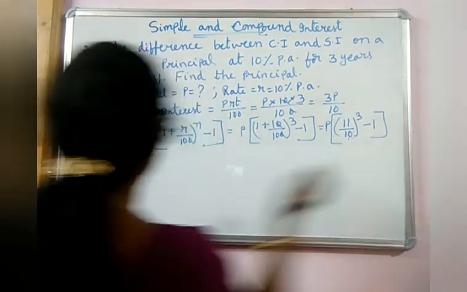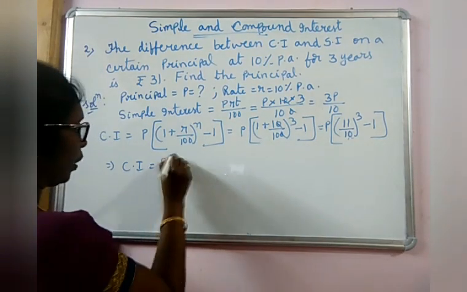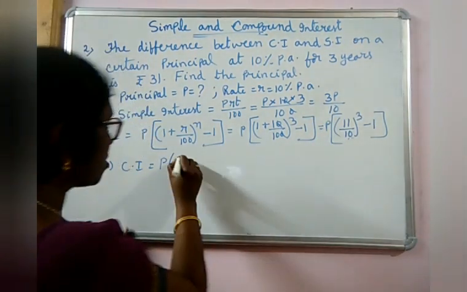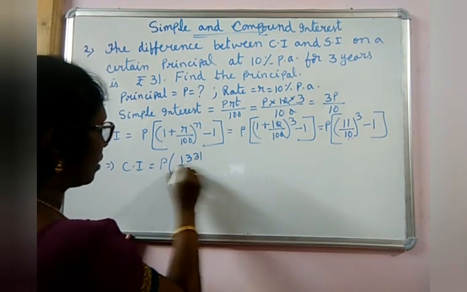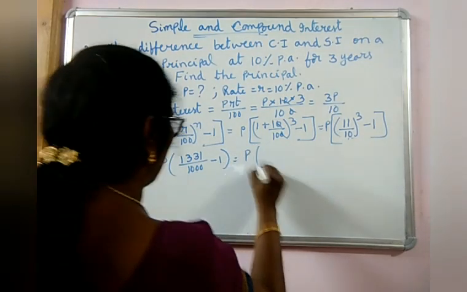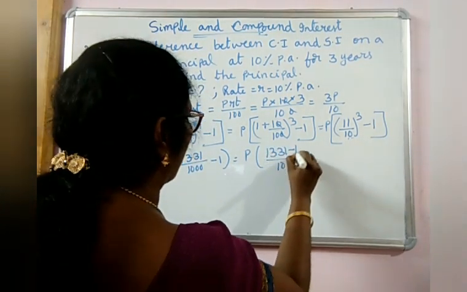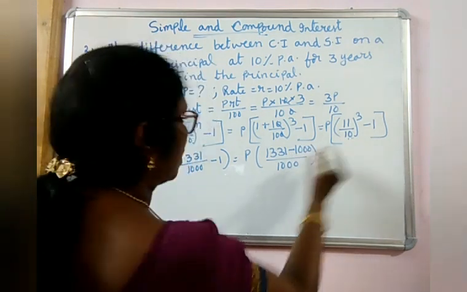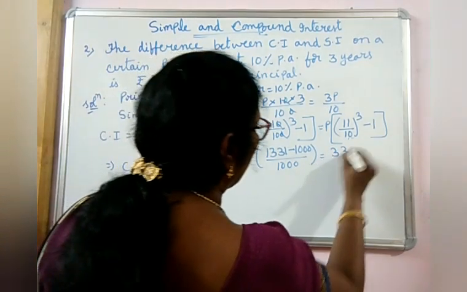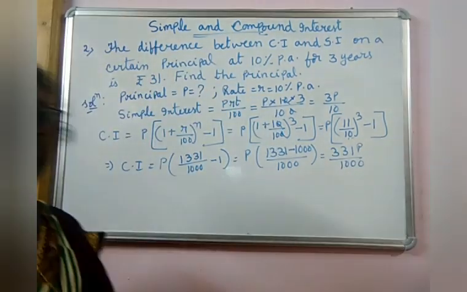CI is equal to P into 11 cube, 11 elevens are 121, into 11 is 1331, by 1000, minus P, with 1000 as LCM. 1331 minus 1000 equals 331 by 1000 into P. 331P by 1000 is the compound interest.